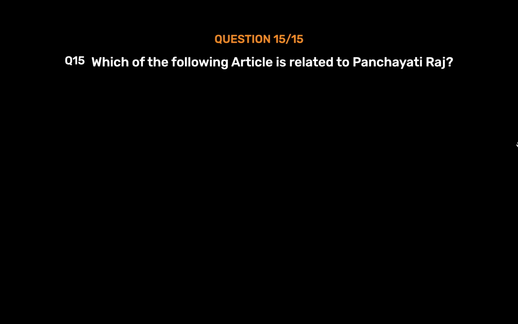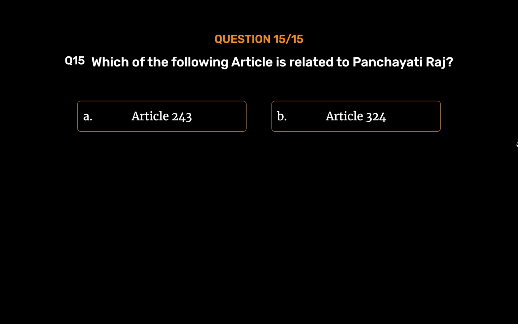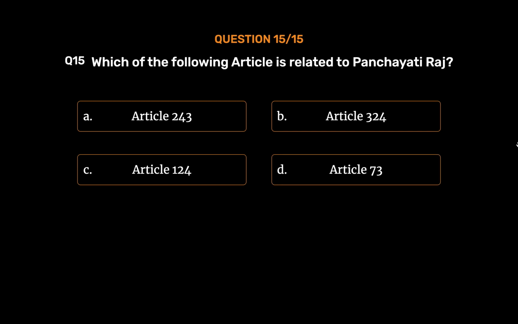Question number 15. Which of the following articles is related to Panchayati Raj? Option A. Article 243. Option B. Article 324. Option C. Article 124. Option D. Article 73. The correct answer is Option A. Article 243.